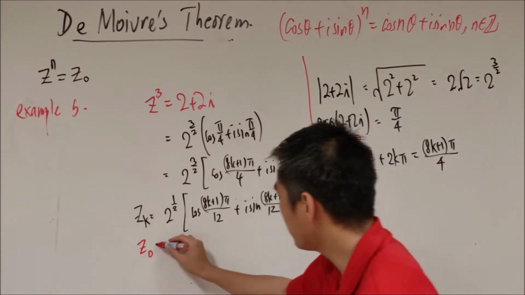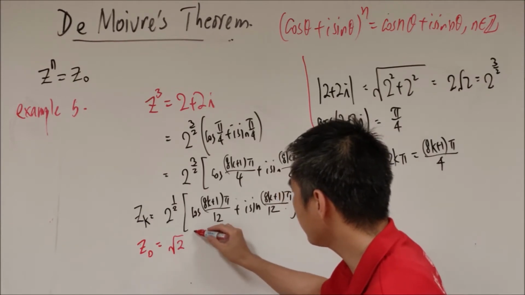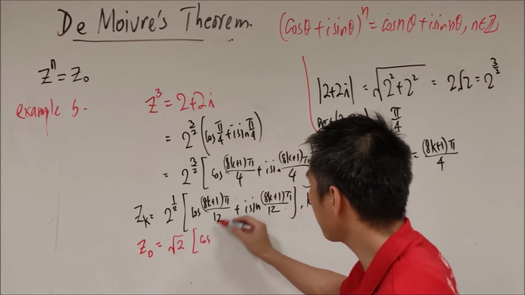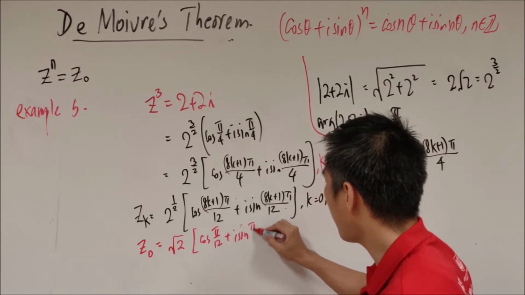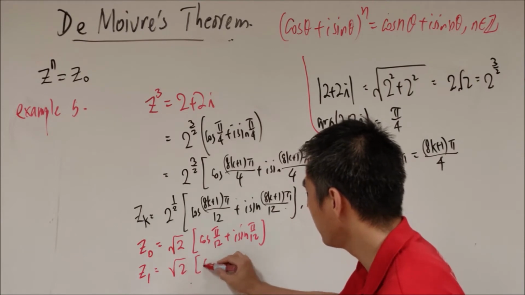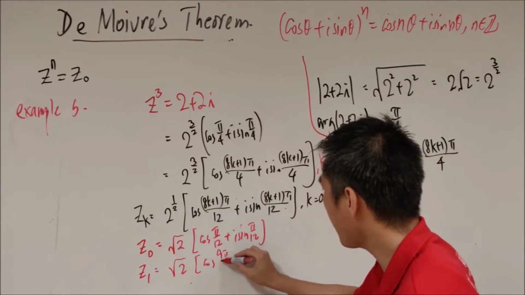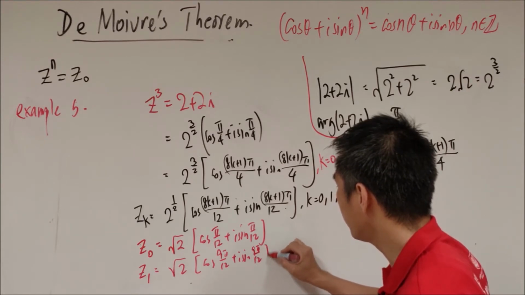Z0 will equal the square root of 2 times (cosine pi over 12 plus i sine pi over 12). Z1 will equal the square root of 2 times (cosine 9 pi over 12 plus i sine 9 pi over 12).